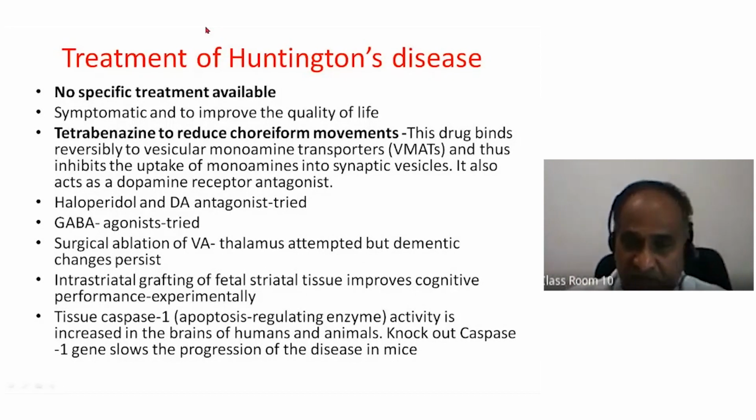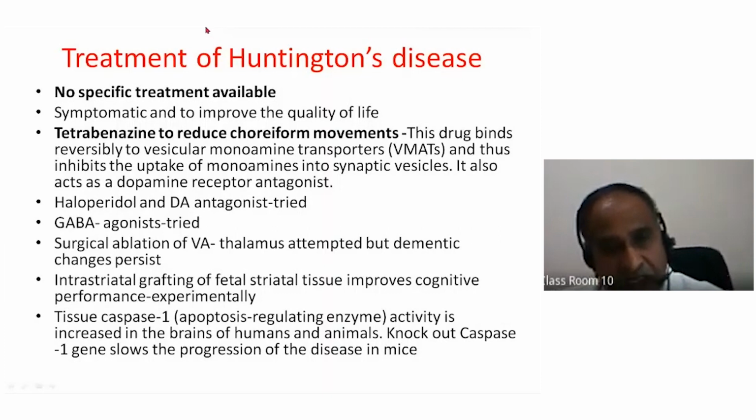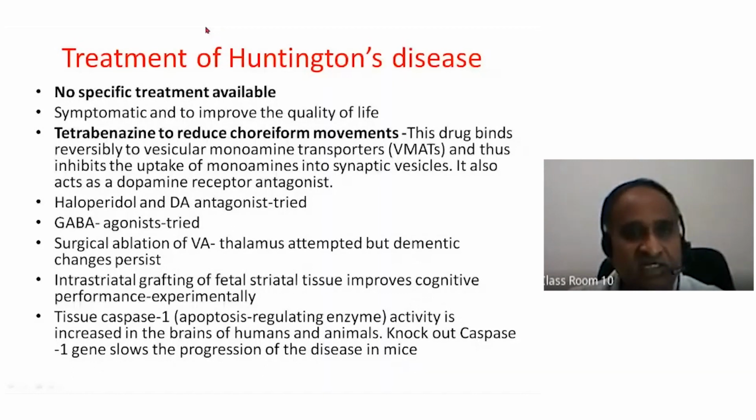I leave this part there, and that's about the treatment. Till now, we don't have anything. We only say symptomatic treatment and improving the quality of life. And this person is all the time moving and moving, and he's exhausted from the body movements, and he will die of something, either pneumonia or some other complication.